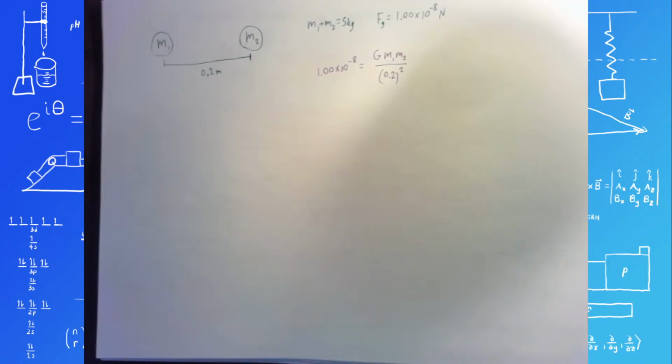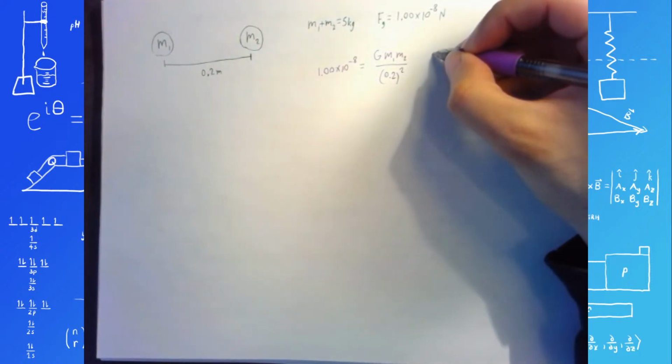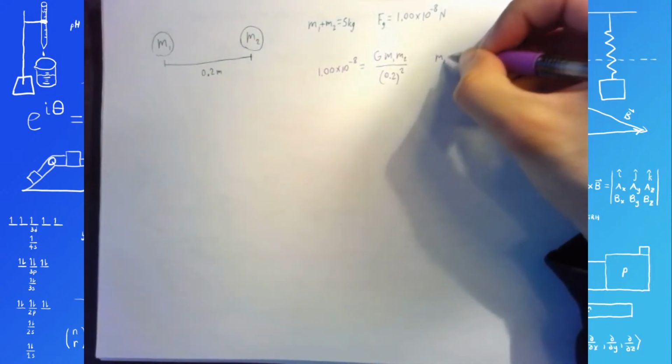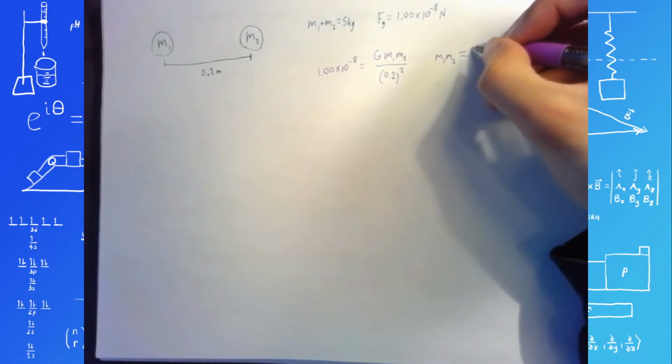And the reason I'm going to round that to 6 is going to become apparent pretty soon. So I'm going to say M1 times M2 is about 6.